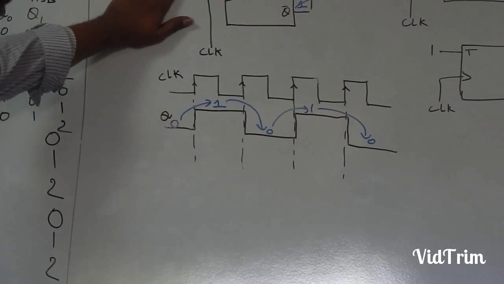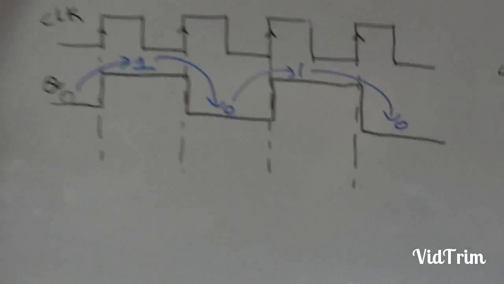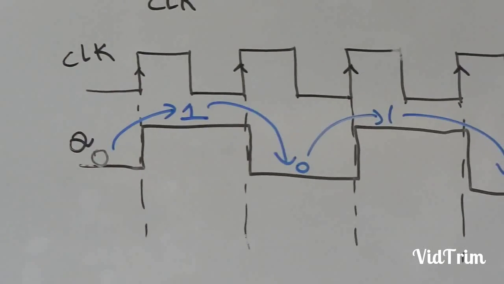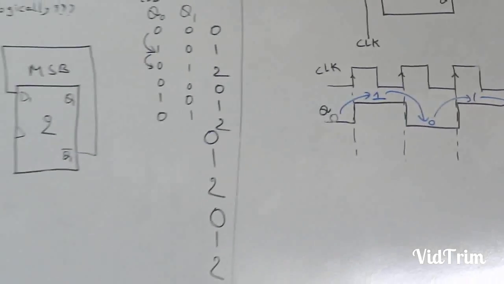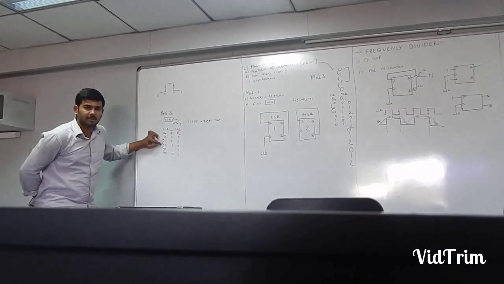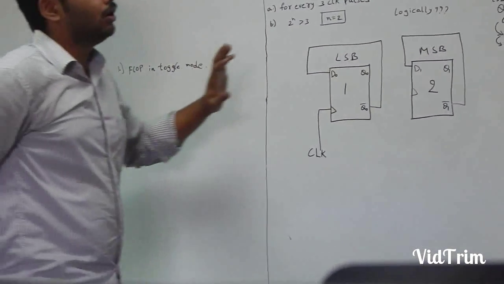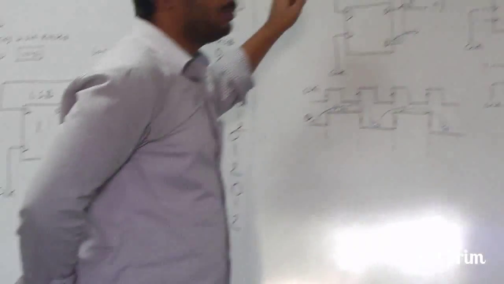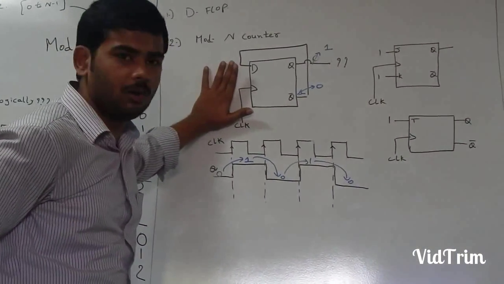So the D flip-flop in toggle mode, this we should use for the LSB bit. Clearly you can understand that every clock pulse the LSB bit is complemented, toggled. So the first flop should definitely be in toggle mode.